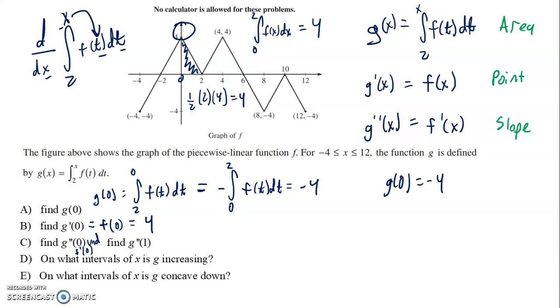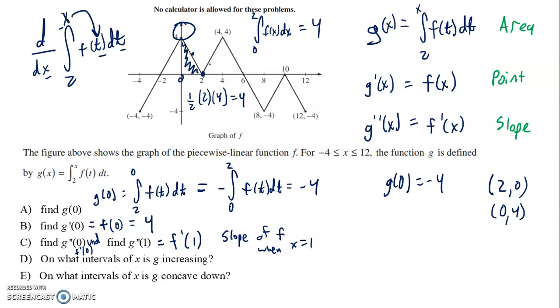So I added this extra problem, find g double prime at 1. So g double prime at 1 would be the same as f prime at 1, which is the same as the slope of f when x is equal to 1. And if I look at the slope here, I'm going to do a slope calculation. So the 2 points that I'm going to use are (2, 0) and (0, 4).